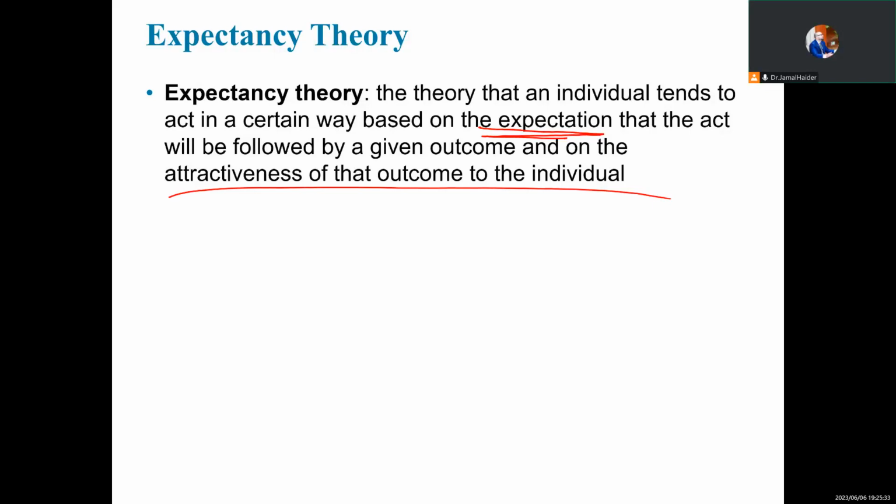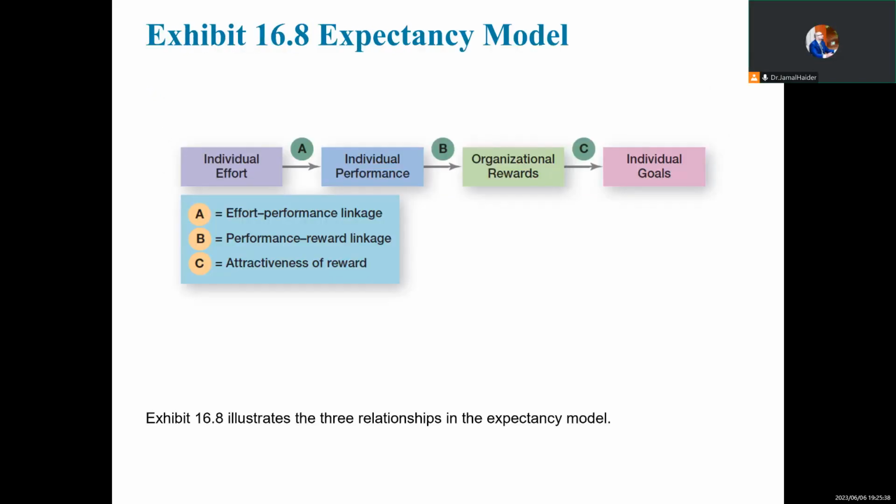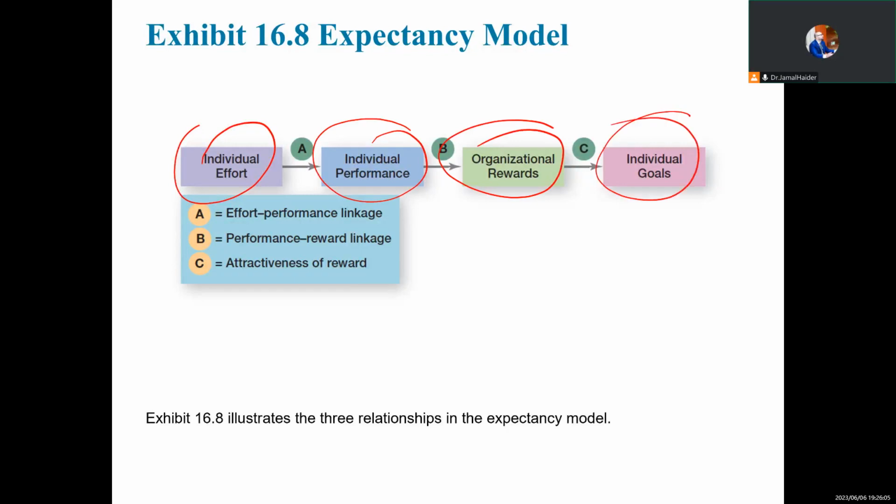So, in a simple sense, here the arrows that connect each part of the elements are labeled as follows: individual effort, individual performance, organizational reward, individual goal.